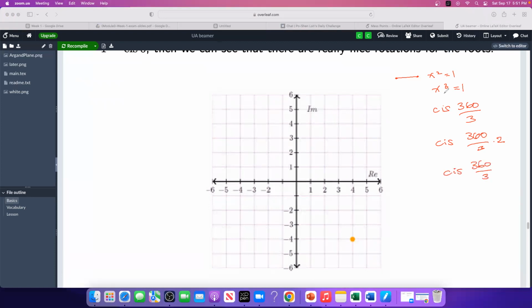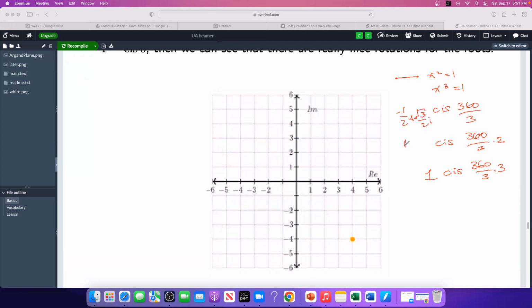The 3 is coming from the x cubed, which is just 1 actually. We have 1, and this is actually like, okay, I think this is -1/2. Yes, it is -1/2 plus root 3 over 2 i.